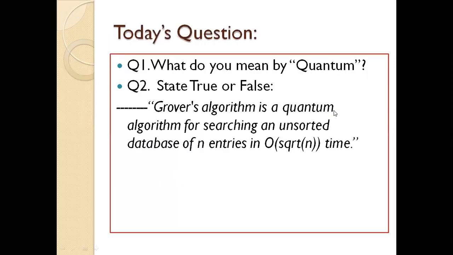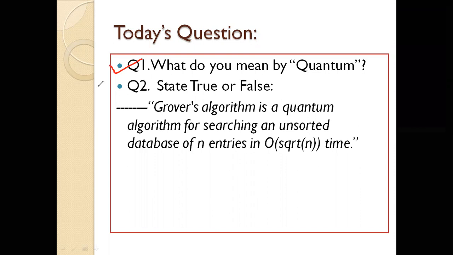Now, yes, wait, please, because you have to answer questions that I will ask in every lecture. And for today, these two questions are for you. First question is, what do you mean by quantum? Define from your own sense. Okay, what actually does quantum mean to you?